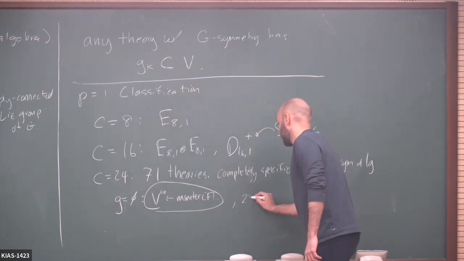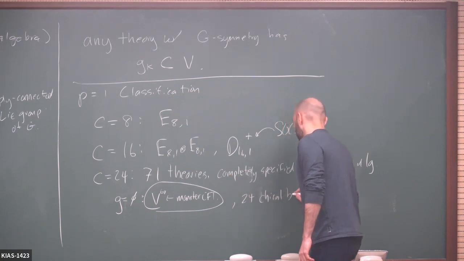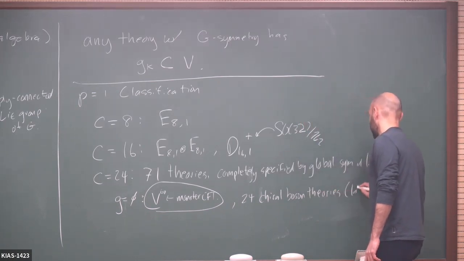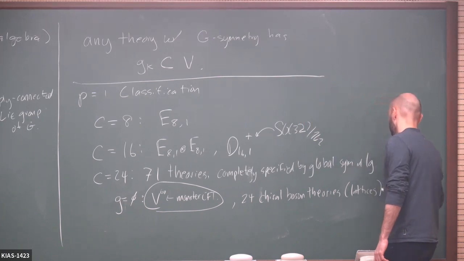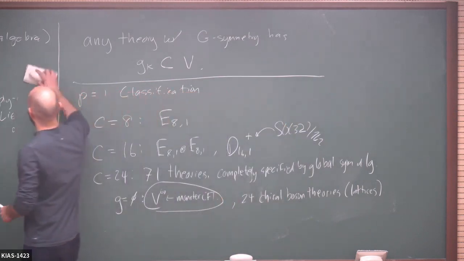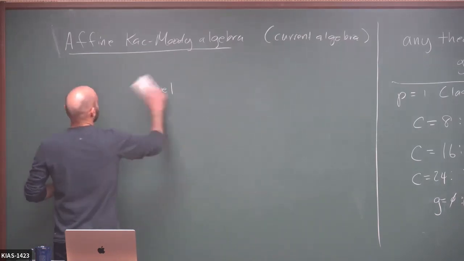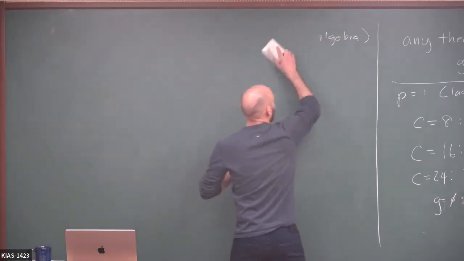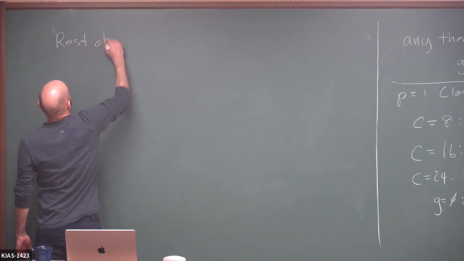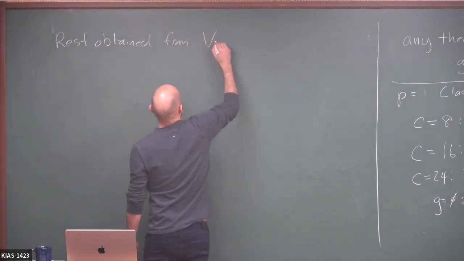There are 24 chiral boson theories. These are theories based off of even unimodular lattices. And then if you'd like, the rest of the theories can be obtained from actually just one theory by performing different kinds of orbifolds. So the rest obtained, say, from the Leech theory.